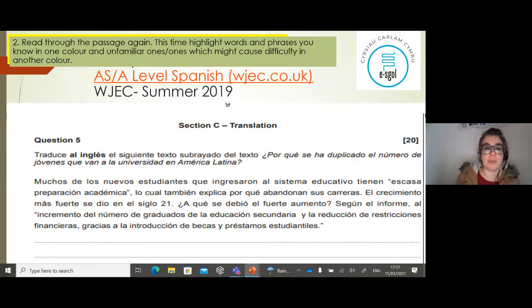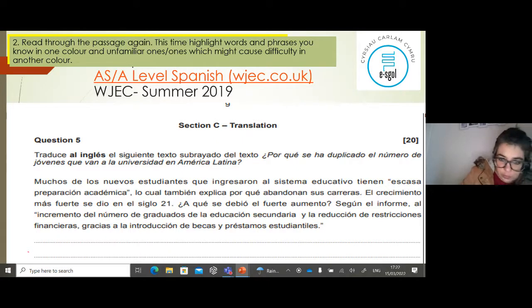Once you've done this, we go to step 2, read through the passage again. This time, highlight the words that you know in one color and the unfamiliar ones in another color.